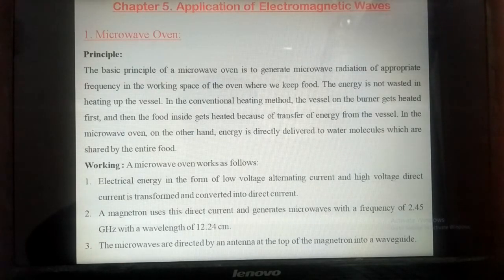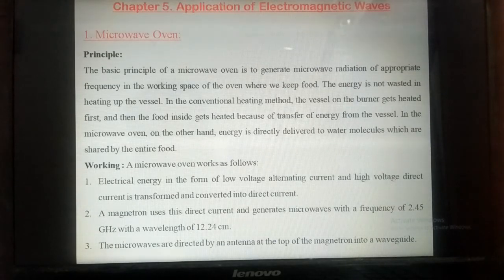In the conventional heating method, the vessel on the burner gets heated first and then the food inside gets heated because of transfer of energy from the vessel. In the microwave oven, on the other hand, energy is directly delivered to water molecules which are shared by the entire food. This is the principle of the microwave oven.